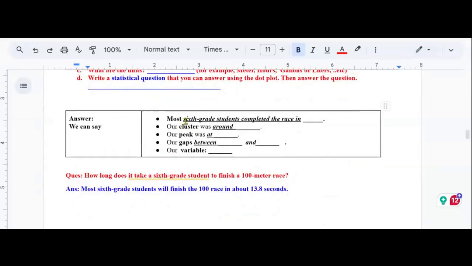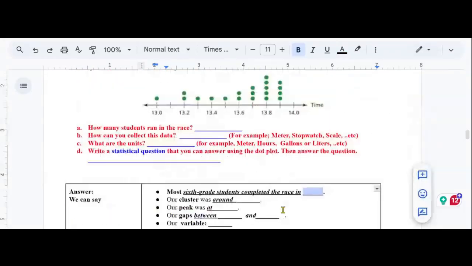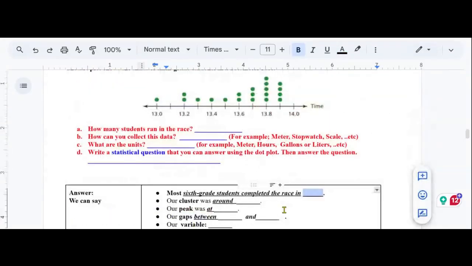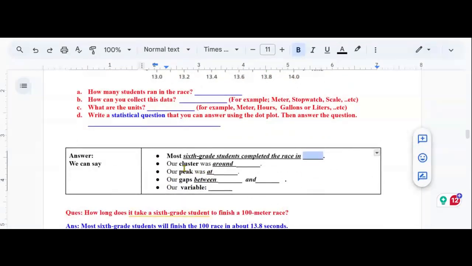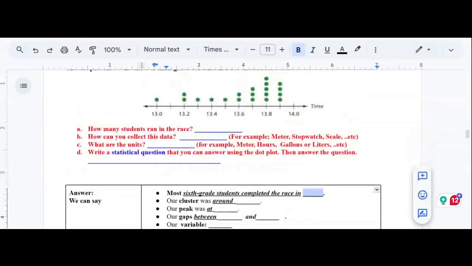So as you can see here, most 6th grade students completed the race in what? 13.8 seconds. Our cluster was around 13.6 to 13.9. Or we can say usually around the 13.8 peak. What is the word around here? So we say 13.8.